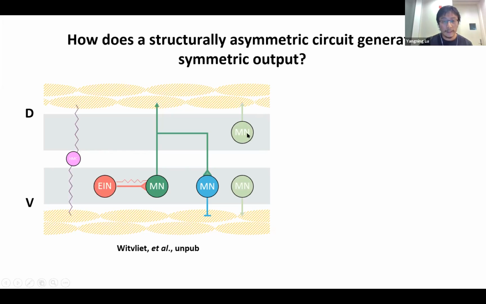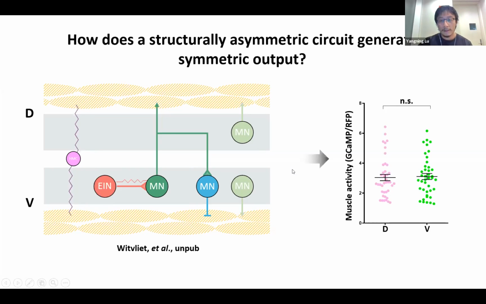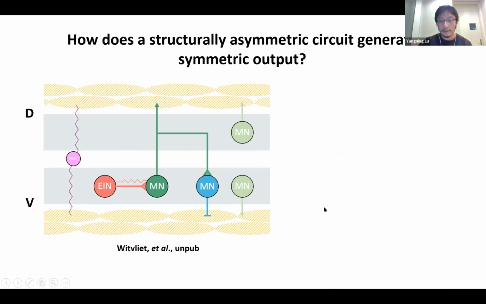They actually identified additional excitatory neurons that innervate dorsal and ventral muscles, as well as another cell called HMC, which is not a neuron, but also has gap junctions with dorsal and ventral muscles. So together, this is the wiring diagram we have, but still it doesn't look very symmetric either. And we want to address where the symmetric behavior activity comes from.